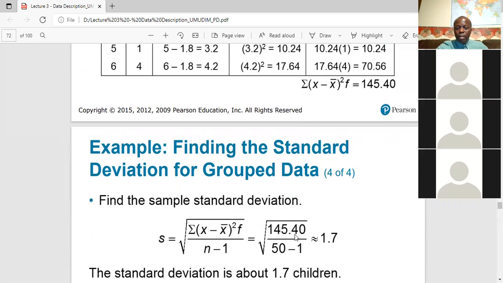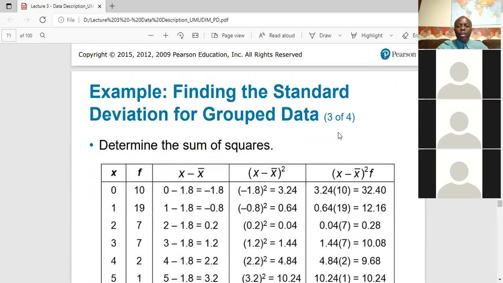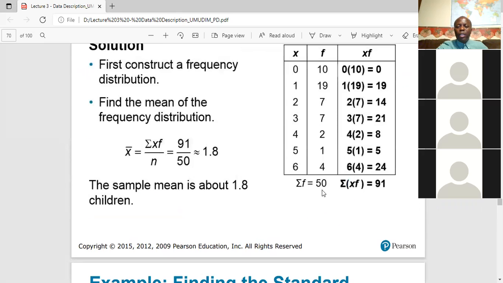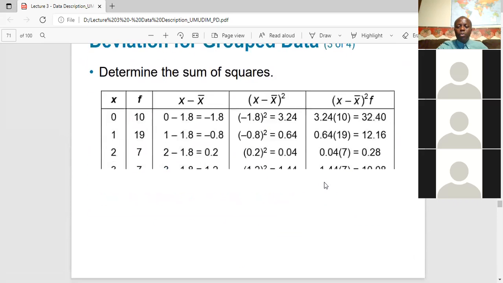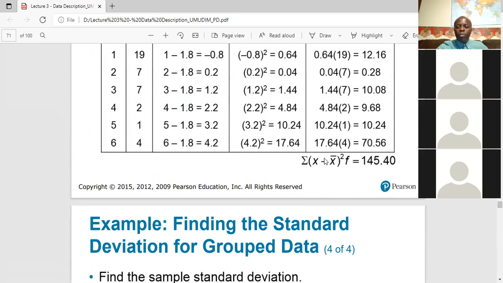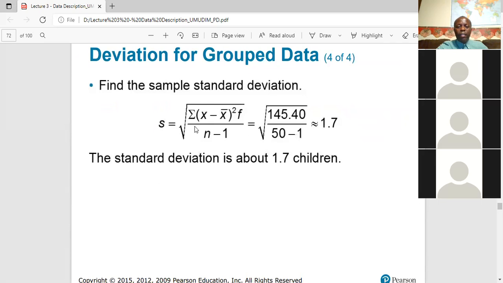Can put it right there. Divided by n minus 1. What is our n? Our n is the total that we have, which is 50. So n is 50, put 50 right there, minus 1. And that will give you 1.7.